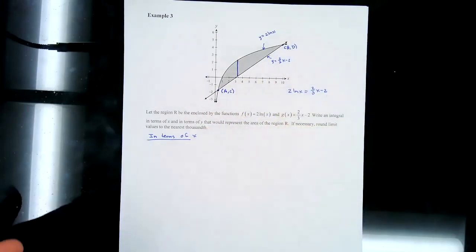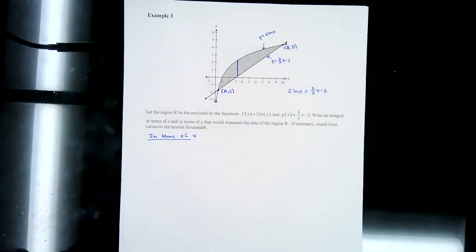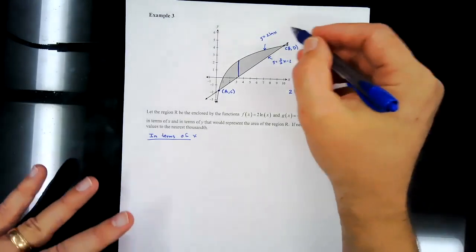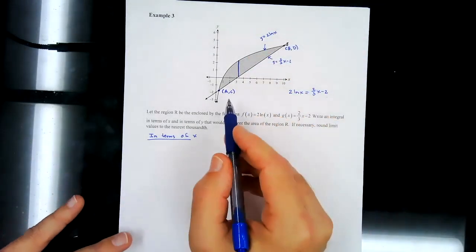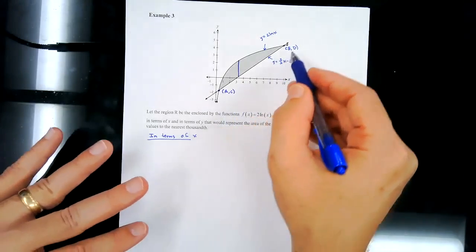So that's why I want to store the x and the y on this. So I'm going to put that in the graphing calculator, and I'm going to store all these as A, C, B, D.